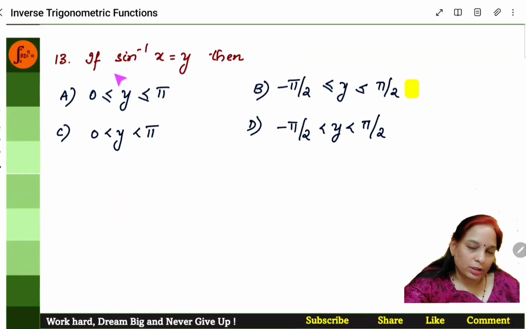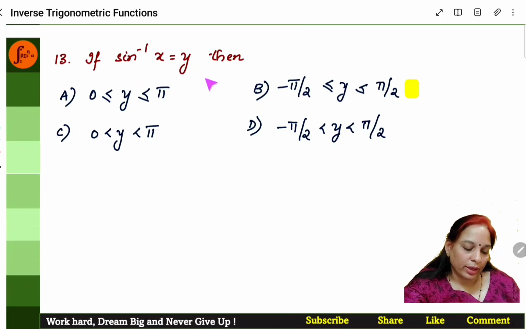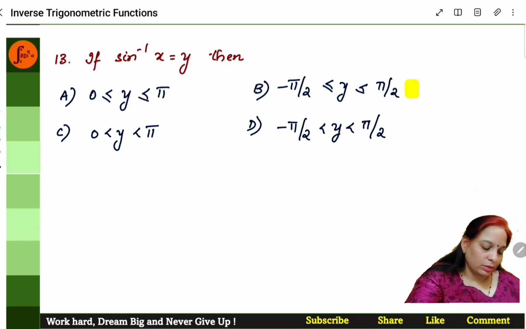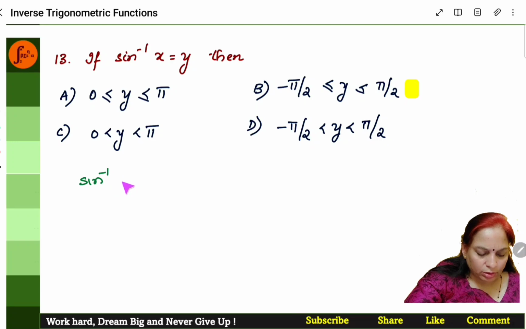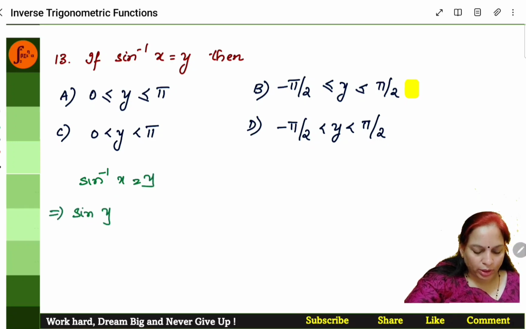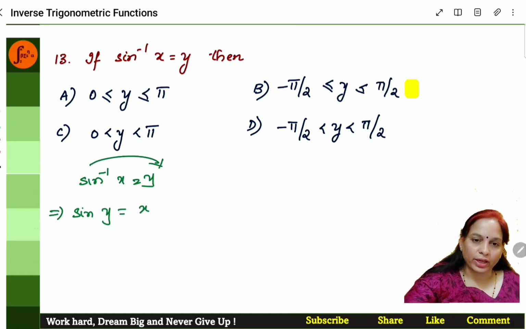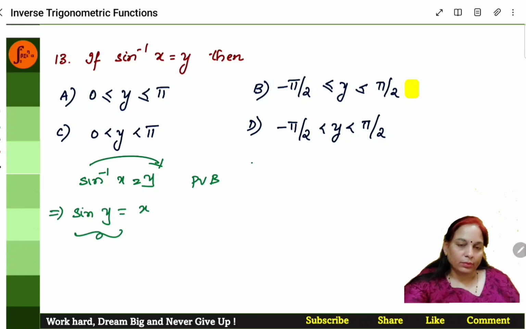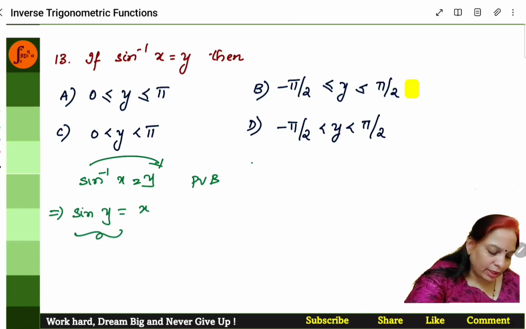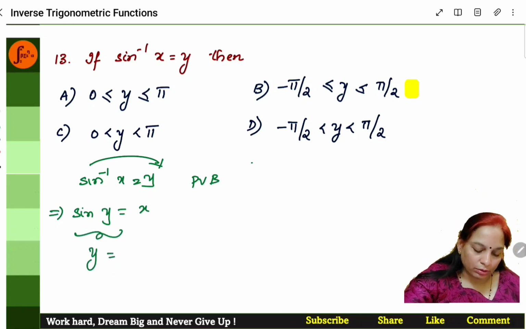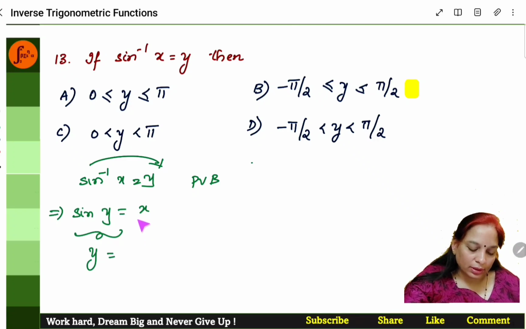Now let's look at 13th problem. If sine inverse of x is equal to y, then we'll have to find out the range, right? So sine inverse of x is equal to y means sine y is equal to x. When I put sine the other side, it will become sine y is equal to x. So this means that y is equal to sine of some value which is within this range.